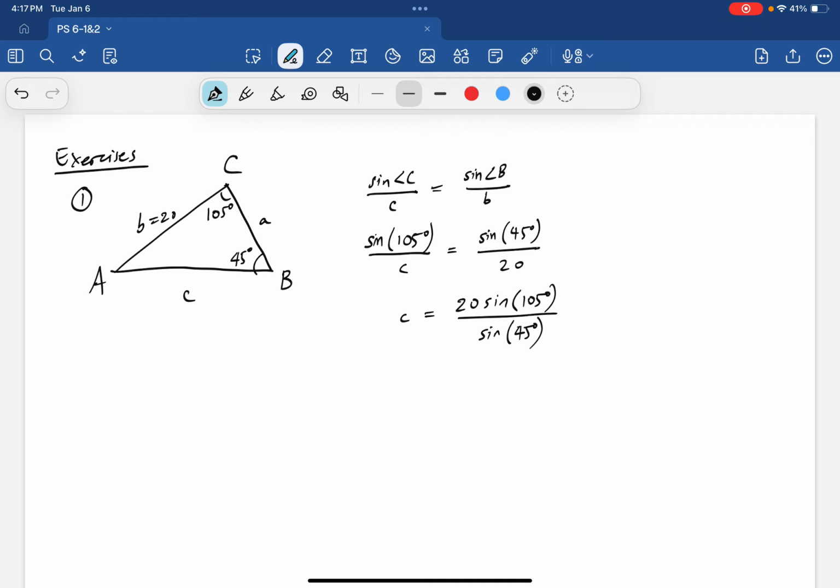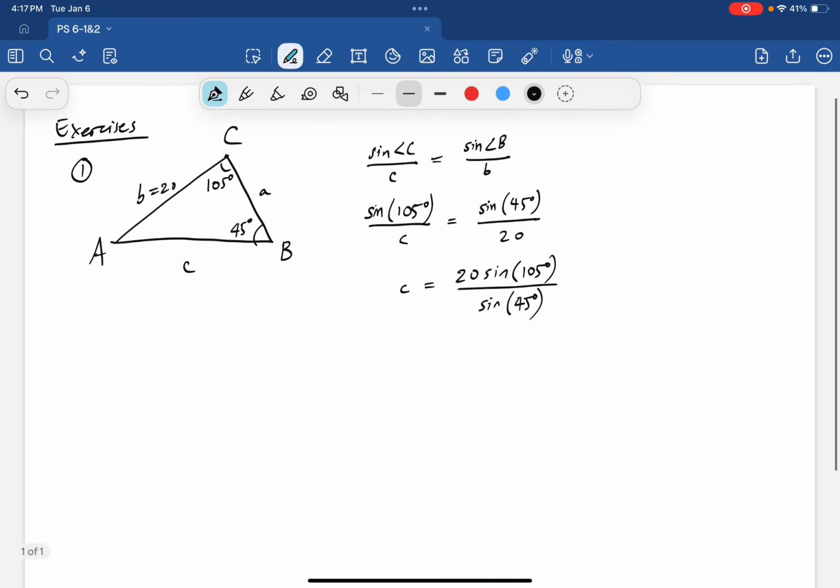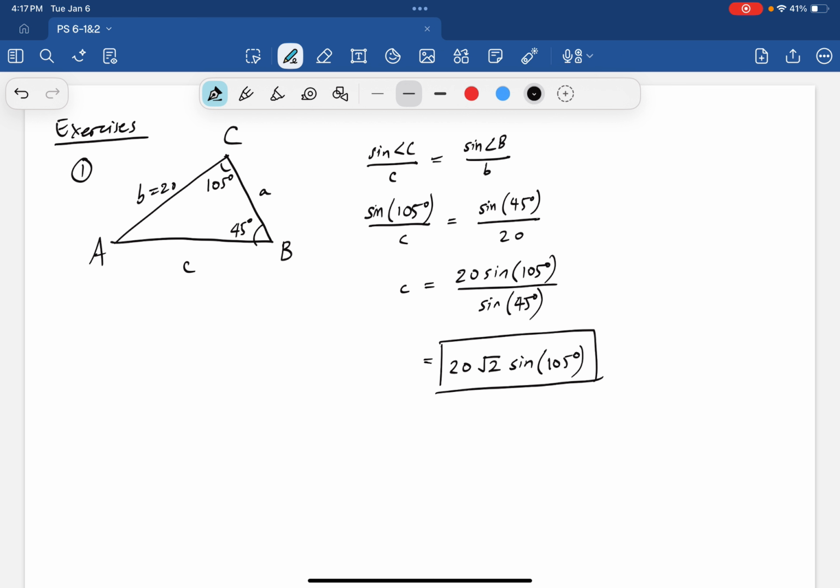And then because sine 45 is a quote-unquote nice angle, you are expected to have that simplified. And so this is going to come out to 20 times root 2 sine 105 degrees. Skip some steps there, but I trust that you're able to do that yourself. Okay, make sure it's also rationalized. And then sine 105 you don't need to calculate.